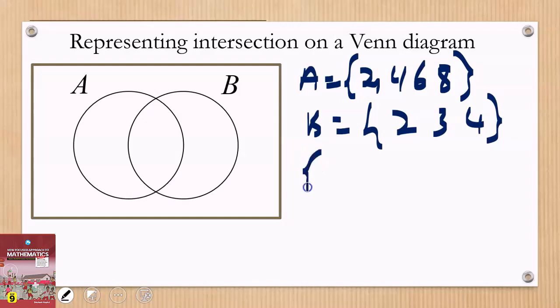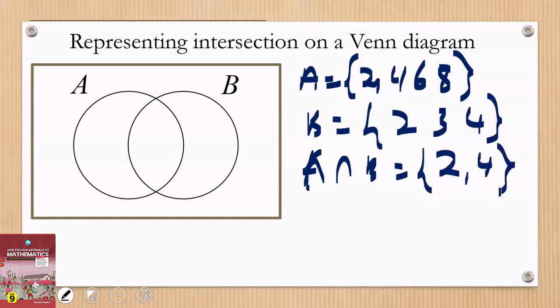The intersection of A and B is 2 and 4, the numbers that appear in both sets. Because there is an overlap, in shading, we'll shade this particular portion to represent the intersection. So this is our intersection of A and B.